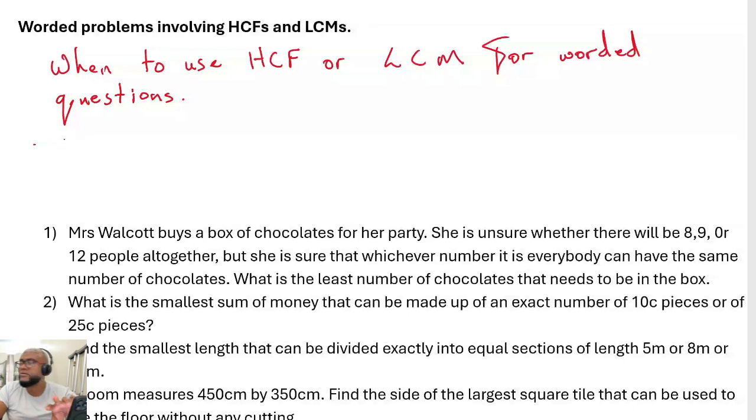So we're looking out for some keywords, right? So we have keywords.